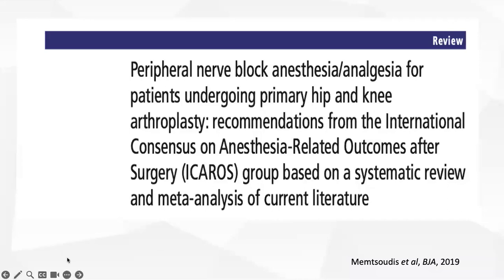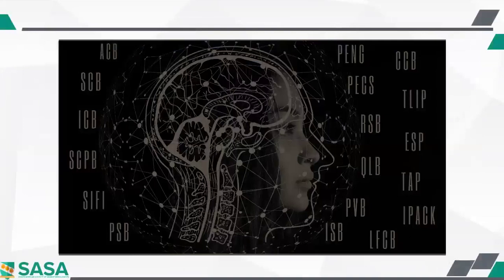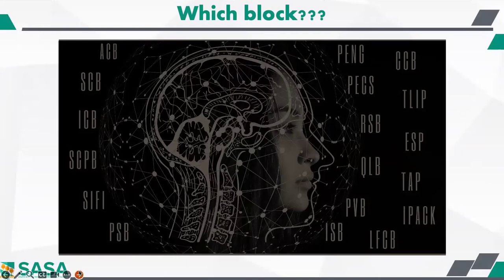And it is this article and many others that have led to the advent of many peripheral nerve blocks. So this huge amount of peripheral nerve blocks allows us to tailor our pain management. However, it also opens the door to new complications that we need to be aware of and need to mitigate.